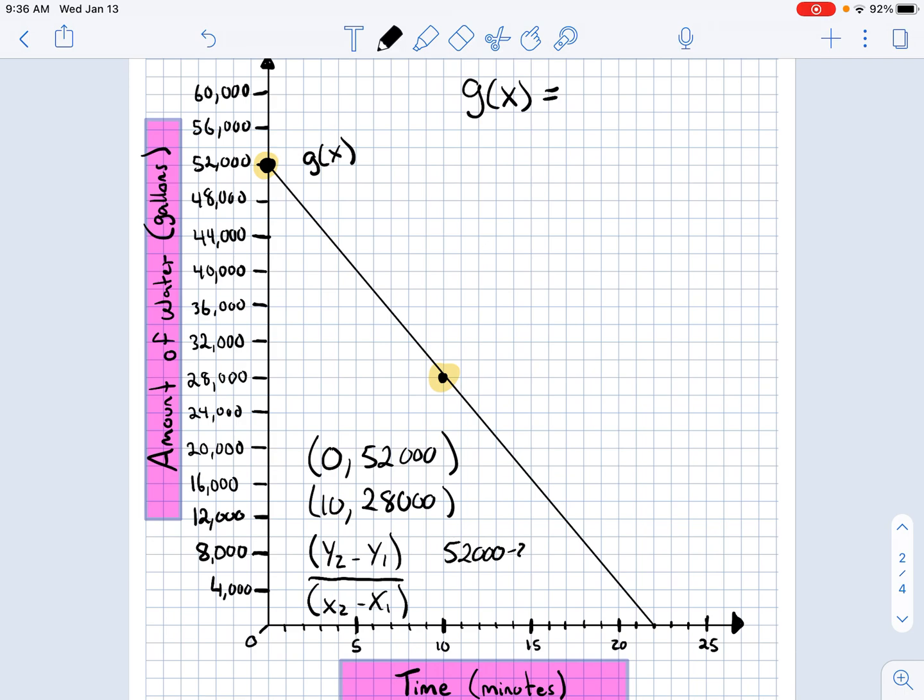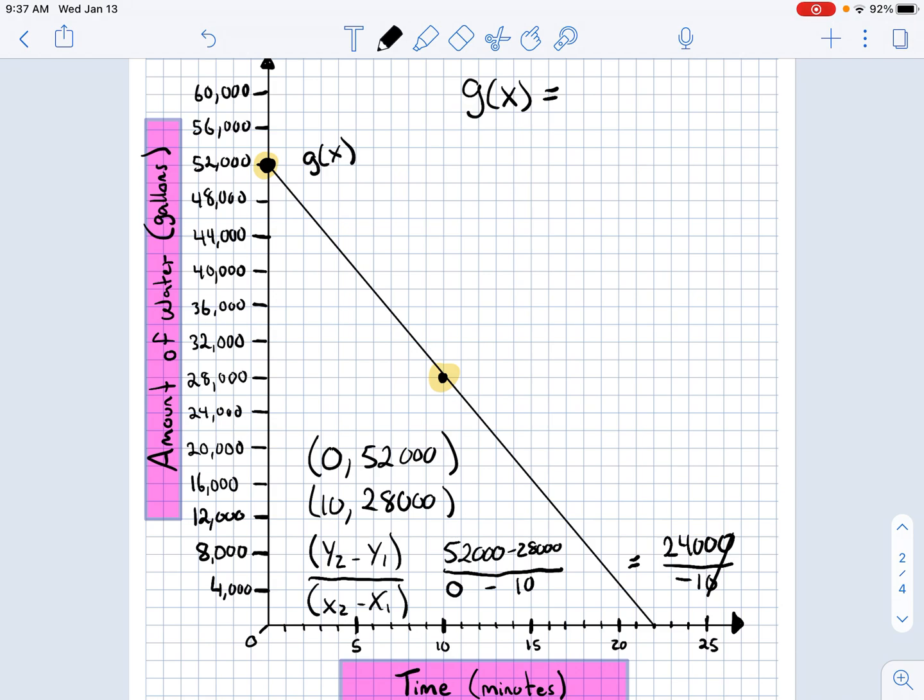Okay, so let's do that math. 52,000 minus 28,000 over 0 minus 10, which equals 24,000, and 0 minus 10 is a negative 10.